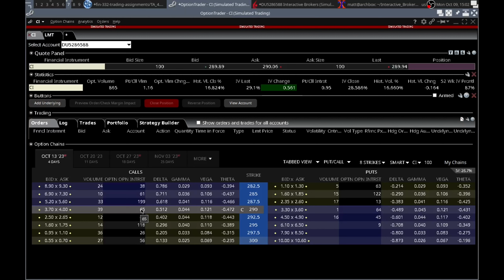So I buy one of these, somebody sells, so open interest goes up by 1. Then, a couple days later, I turn around and I have a position in this and I sell it, which means I get rid of that contract. So the open interest would go down by 1. Right, so this is the number of contracts that are in existence.